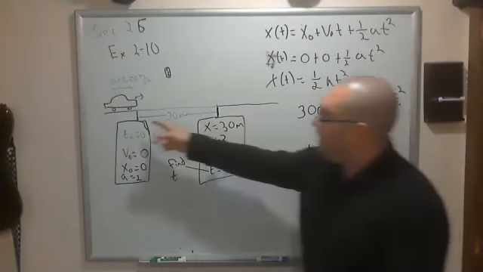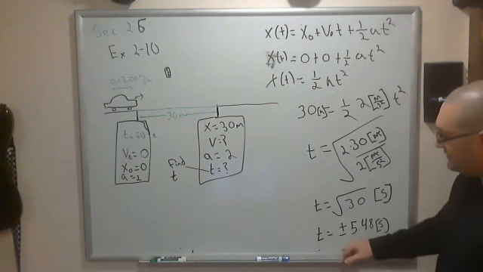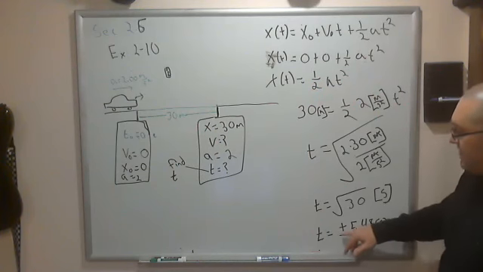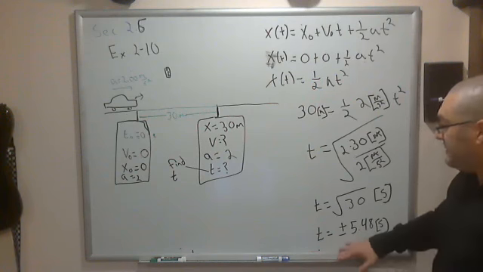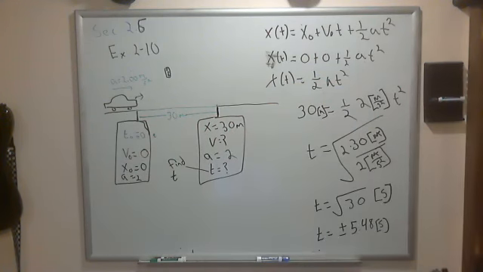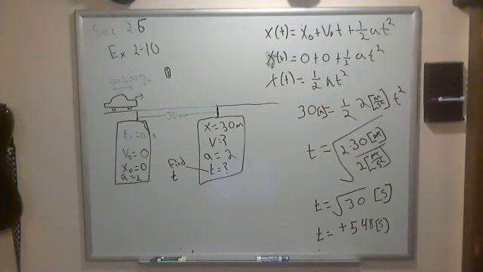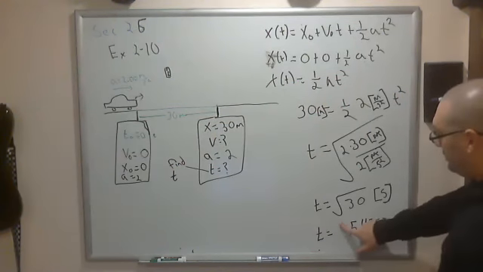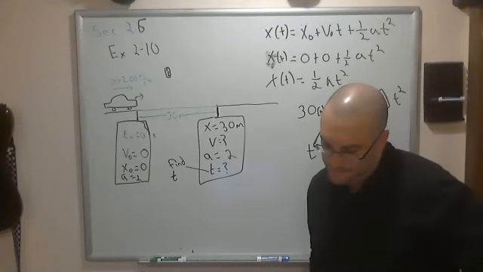We just care about it crossing the street. So we just use a little bit of reason and say that the negative symbol is unphysical. It doesn't make sense, because we're only studying from time 0 until it crosses the intersection. So we just get rid of this. We'll just leave it as a positive 5.48 seconds, right?